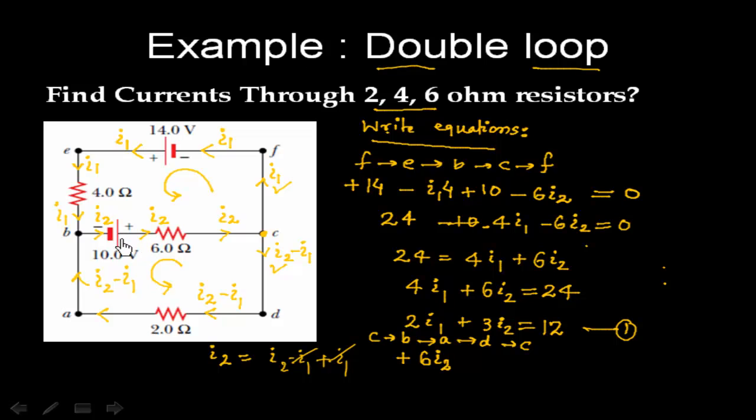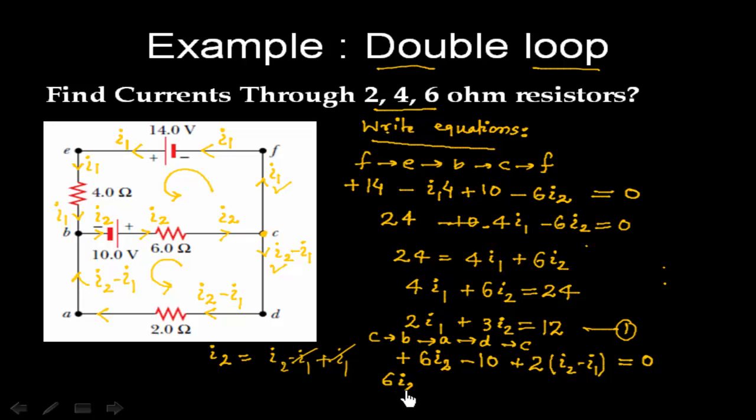Now if I cross this battery, final minus initial is negative, so minus 10 volt. Now if I cross this resistor, once again I am going opposite to the direction of current, that is 2 times the current, and the current through this resistor is I2 minus I1. Finally I am reaching the point C, so the sum of the potential differences is 0.